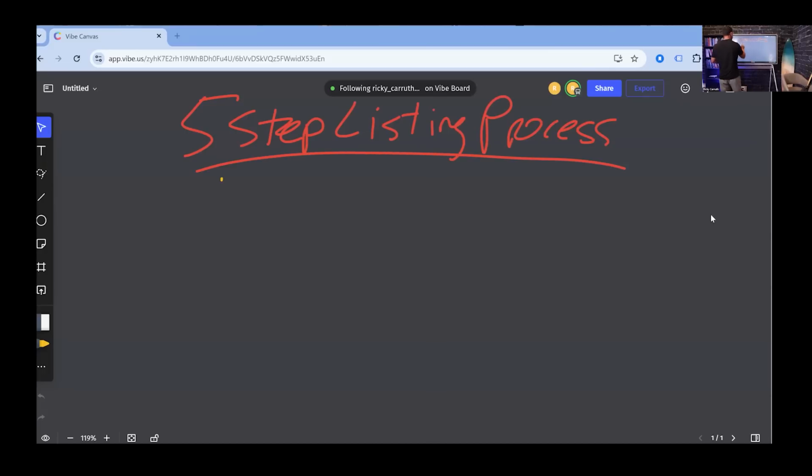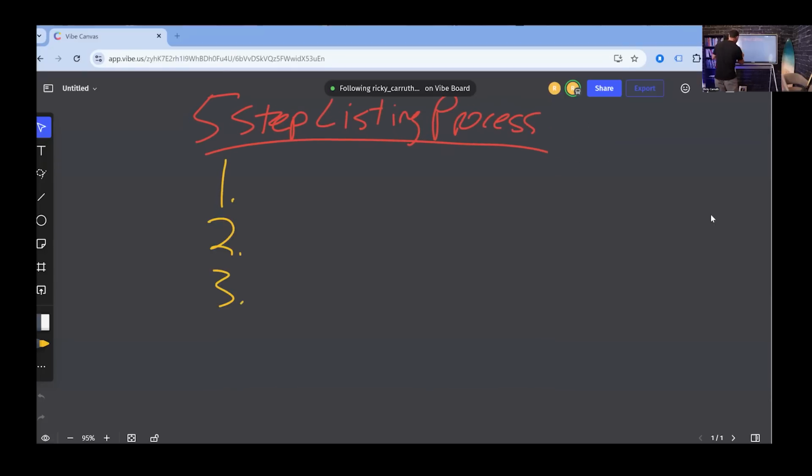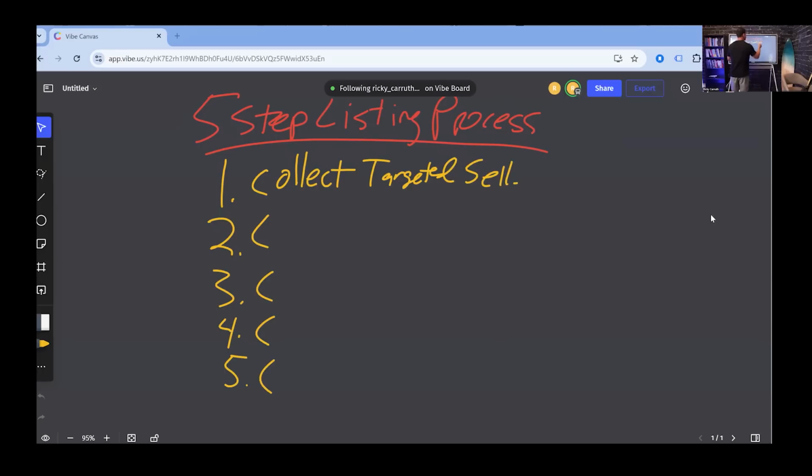When I created this, I created it with all C's: C, C, C, C, C. The first one, which is what we're going to get into today, is collect targeted seller data. I'm going to cover this through social media, video, direct mail, cold calling, etc. We're going to dive deep into this one today. But what are the rest of them?